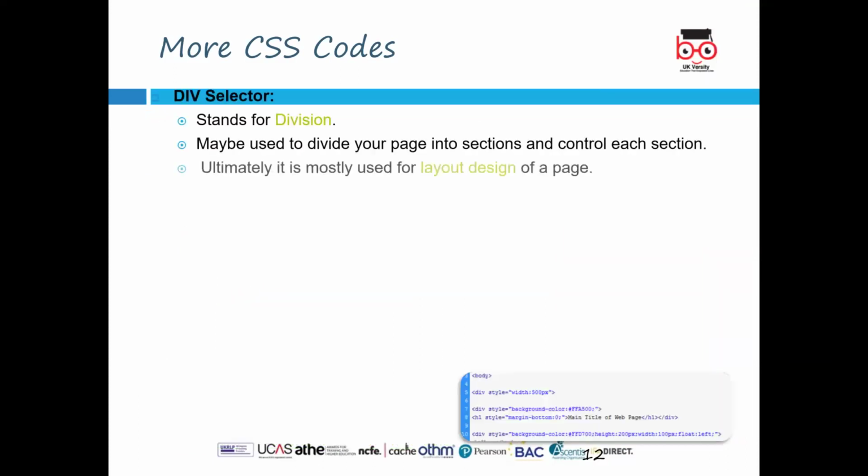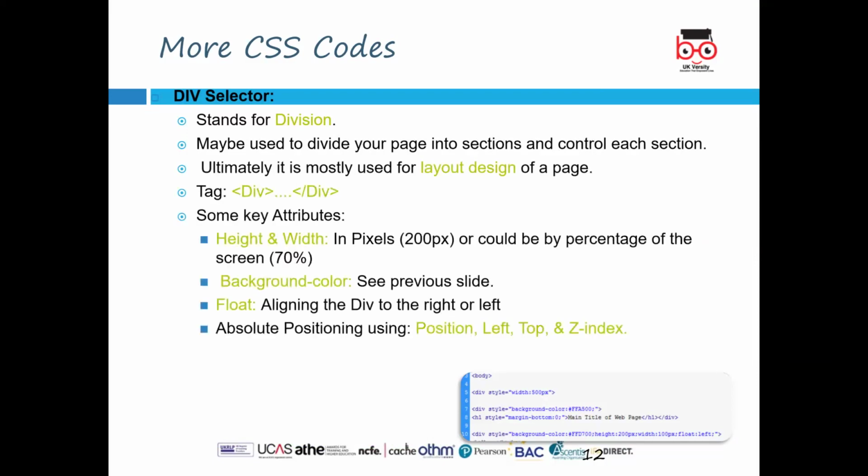After classes, we have division selectors. As we know, division is a good way to structure our sections within our body. For instance, a BBC website has different blocks of information that they want to display on the website.